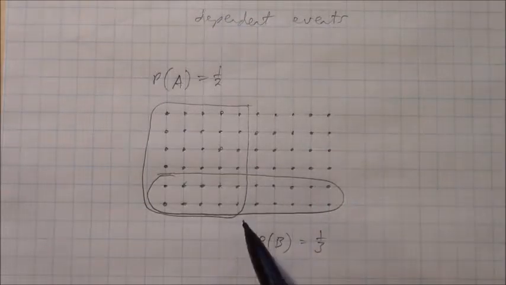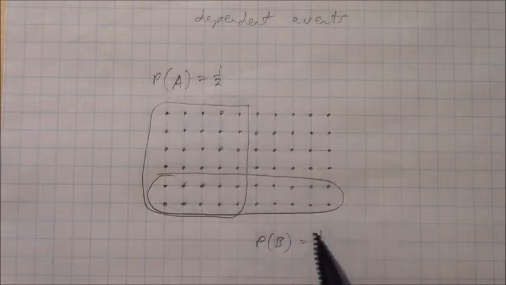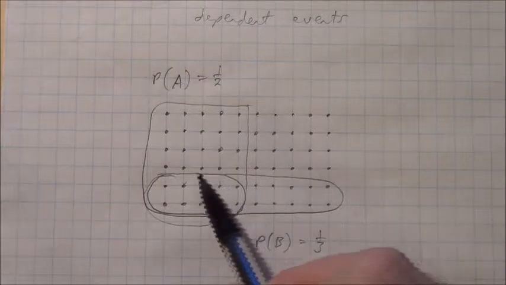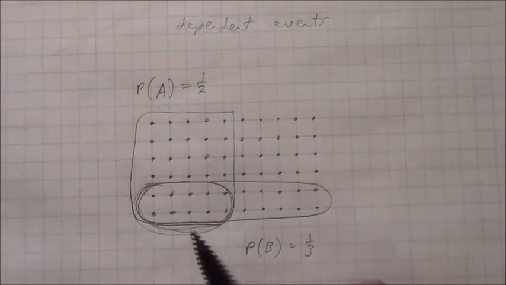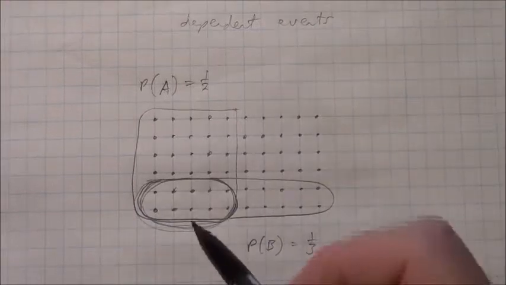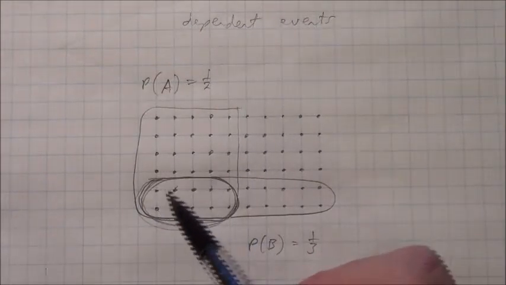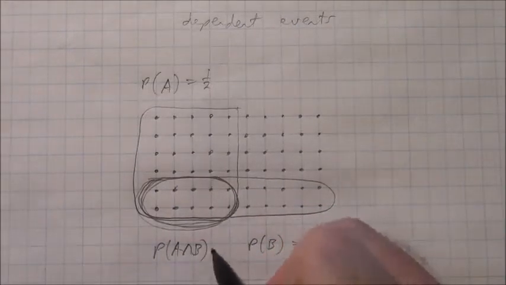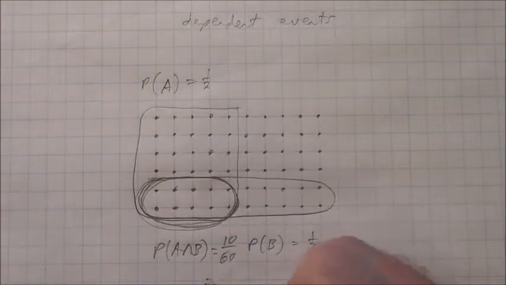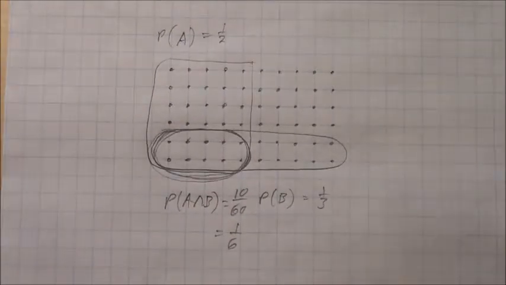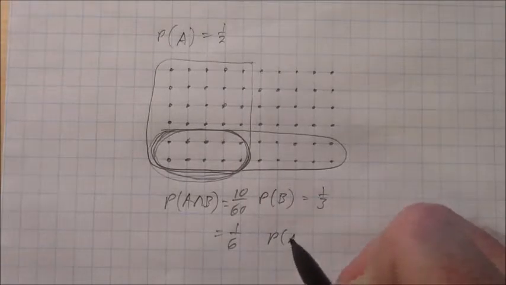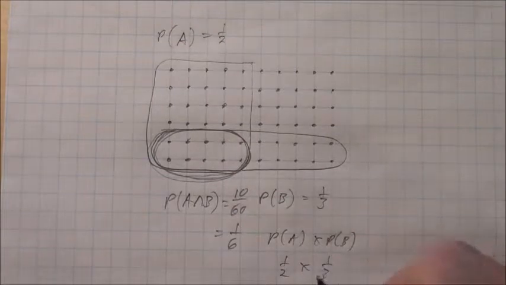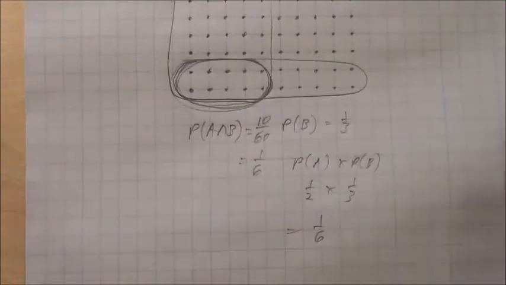Notice then that if event A occurs and event B occurs together, that's in this intersection of those two ovals I just made. And so the probability of that would be 1, 2, 3, 4, 5, 6, 7, 8, 9, 10. So the probability of A and B occurring, the intersection, is 10/60, which is 1/6, which is the same as the probability of A multiplied by the probability of B, which is 1/2 times 1/3, which is 1/6.